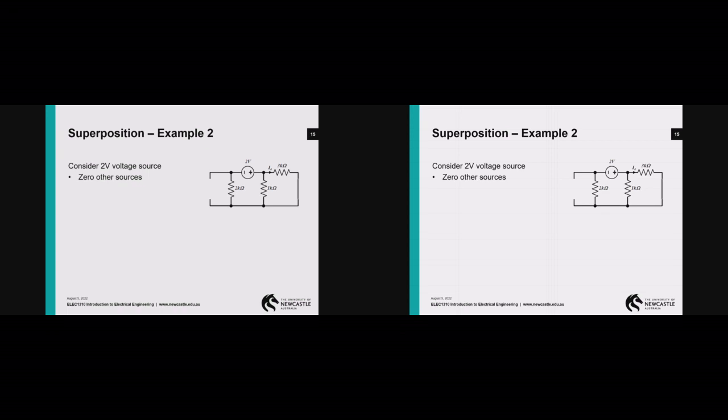Now here I want to work out the current I4, and if I start by looking at the circuit, I can see that the 1 kilo ohm and the 3 kilo ohm resistors are in parallel, and they're in series with that 2 kilo ohm resistance.